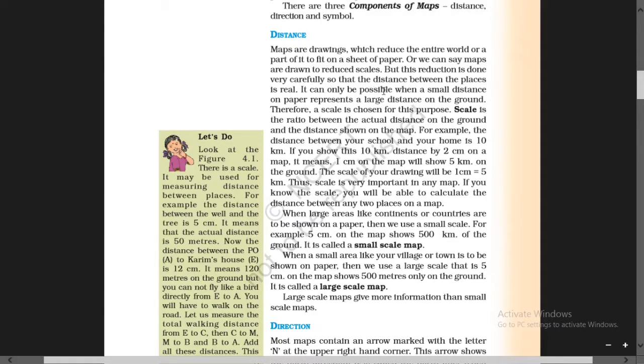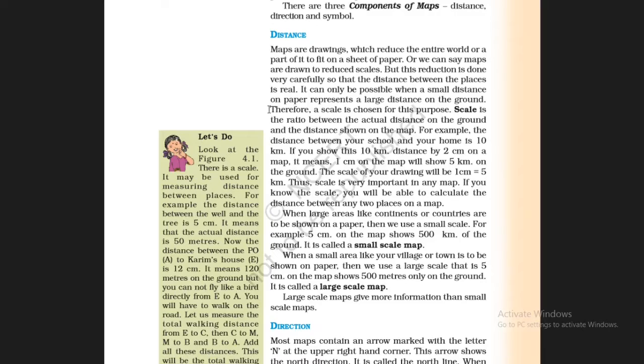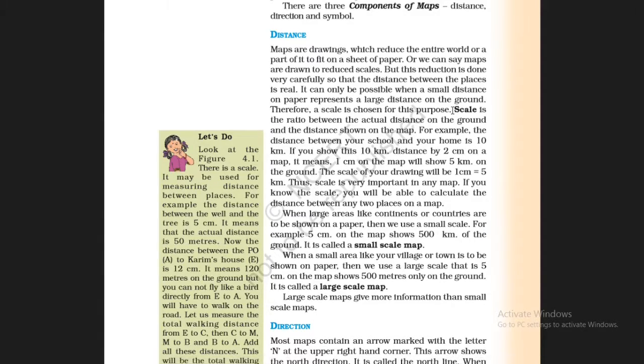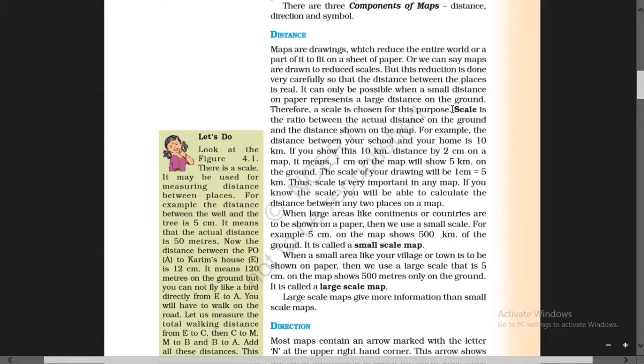It can only be possible when a small distance on paper represents a large distance on the ground. Therefore, a scale is chosen for this purpose, to represent or show a large area on a small scale like that.